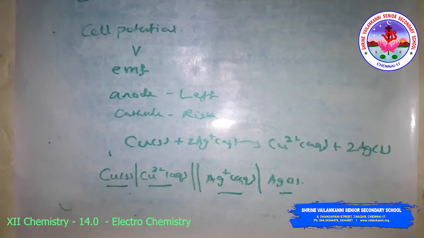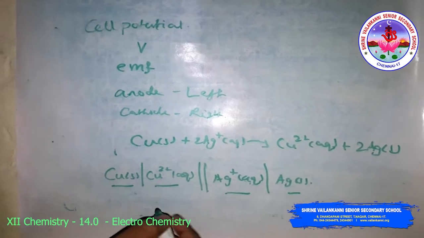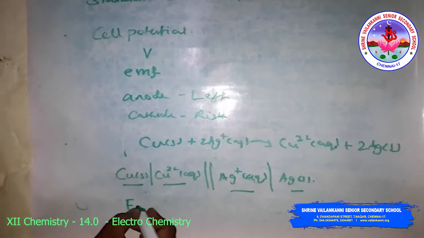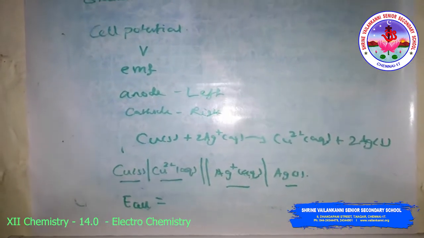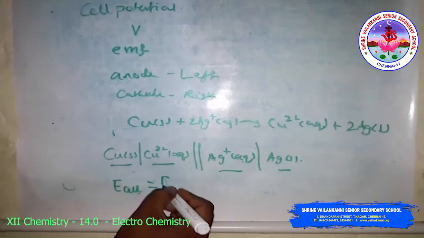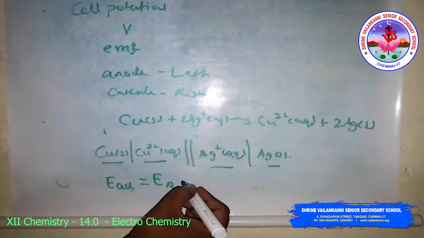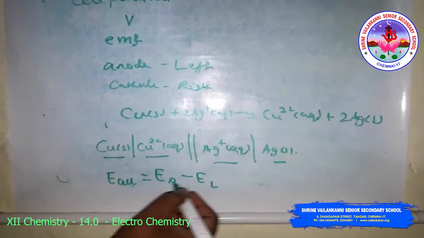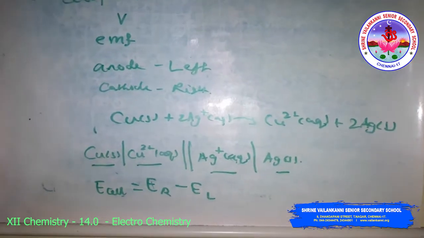E cell is equal to E right minus E left, where R indicates right and L indicates left.